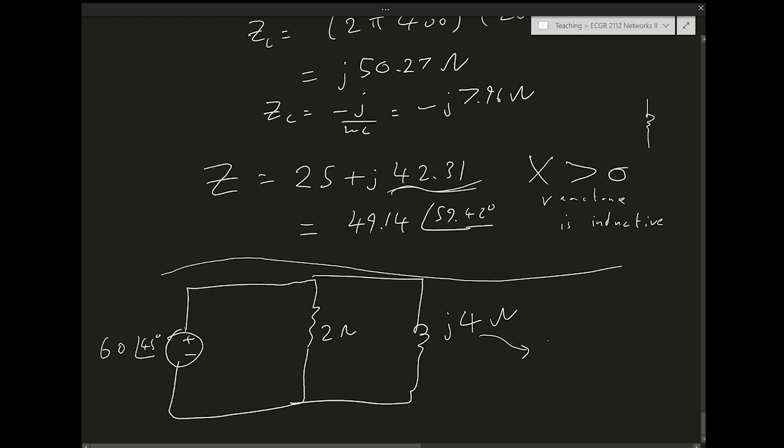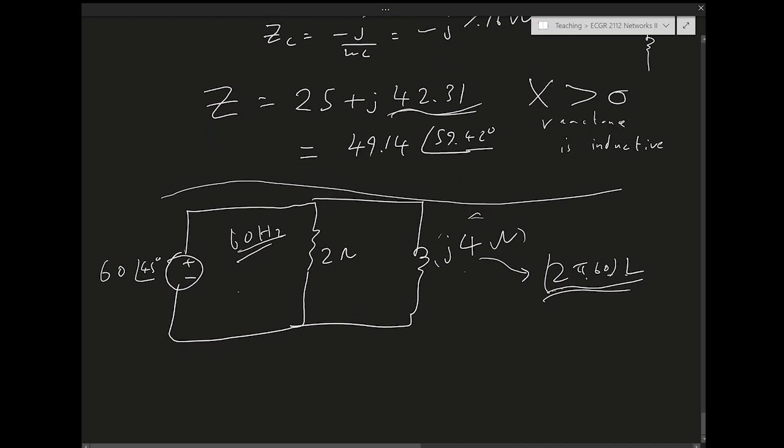So this 4 is the result of 2 pi 60, which is omega L. Sometimes you see impedance given at a certain frequency directly, right? So they don't give you L, they just give you the result of 2 pi 60 times L. This is at 60 hertz. If the frequency changes, this value needs to change. So we want to find the equivalent admittance, YP.